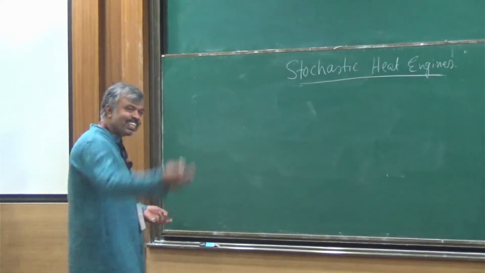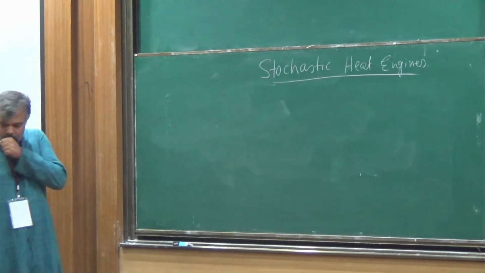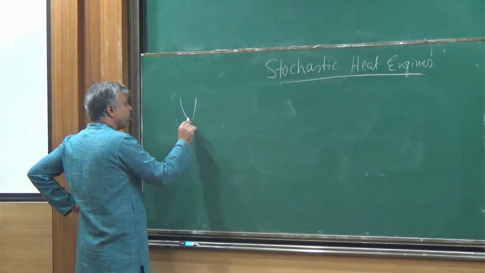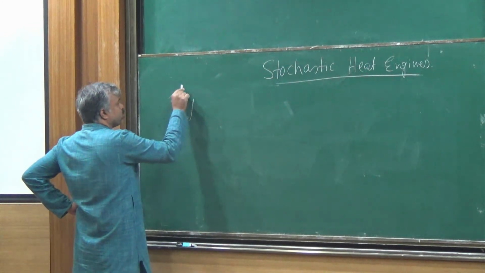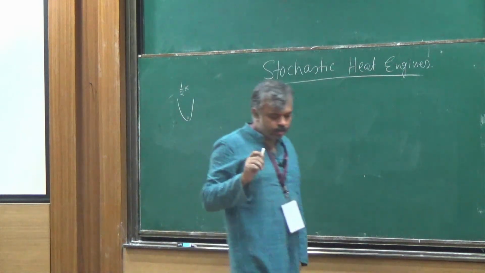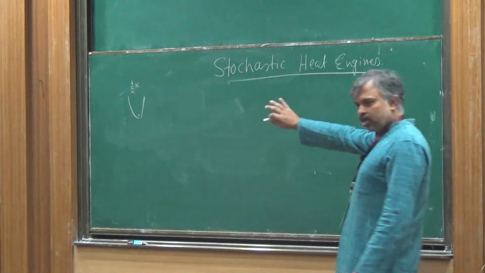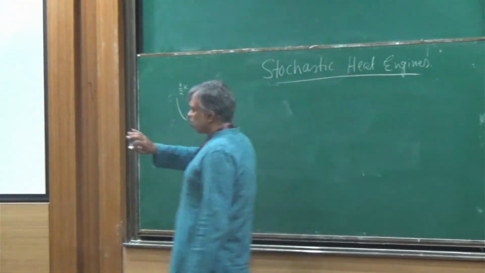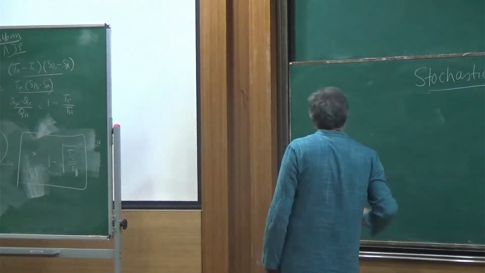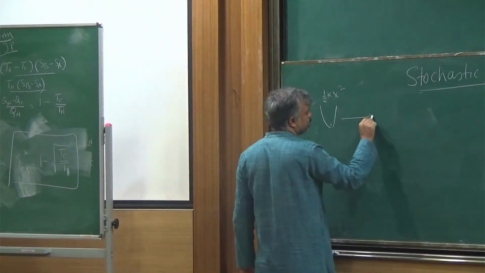The people who are making it are here. So, okay, say this is my half K. First, I will calculate in the quasi-static limit. In this particular case, it will be like a Carnot analog. Half K square, it goes, this is a cycle.